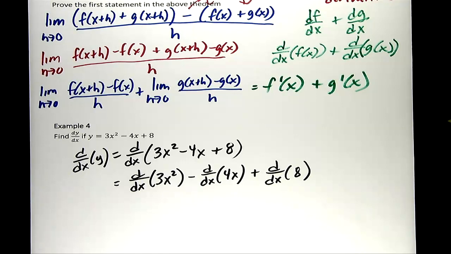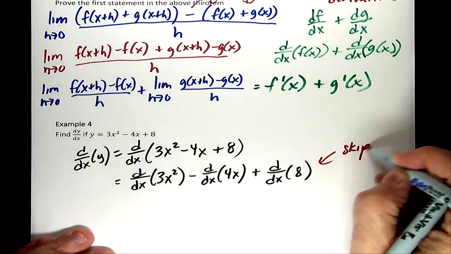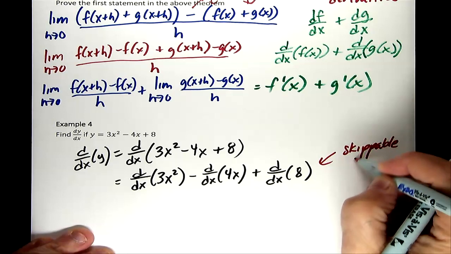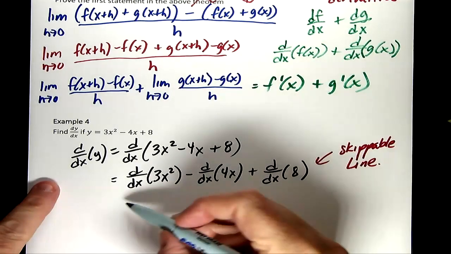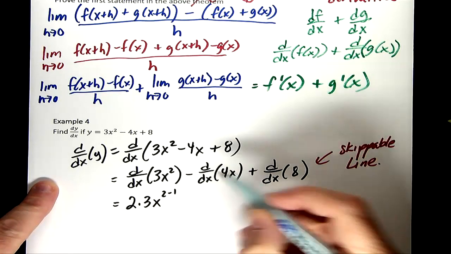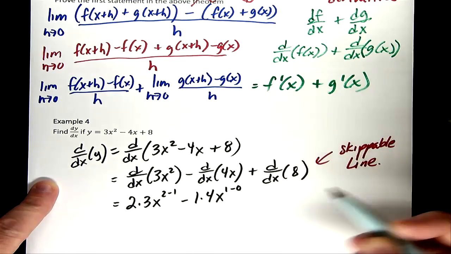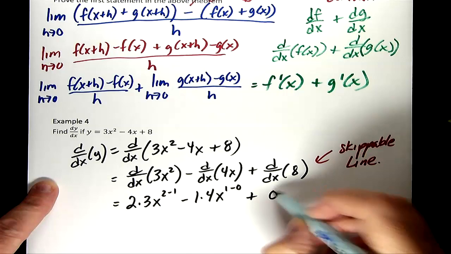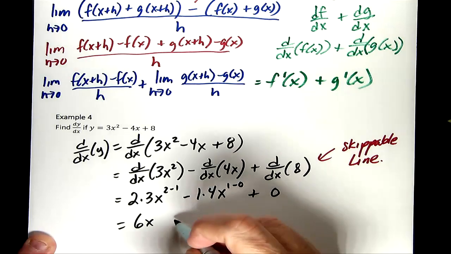And this is a skippable line, as long as you don't mess up the next line. We bring the power down and lower it by 1. This is a skippable line too. And the derivative of a constant is 0. And we end up with 6x minus 4.